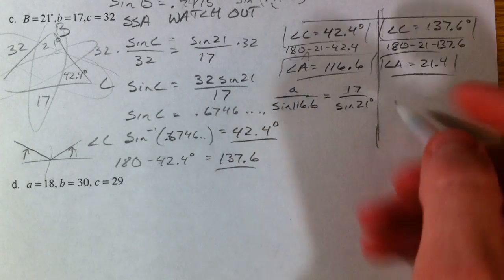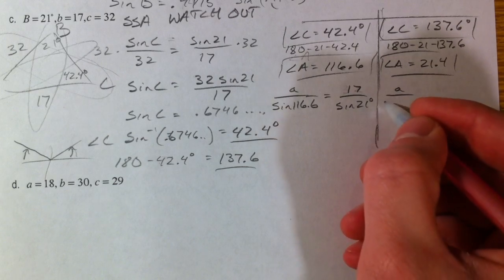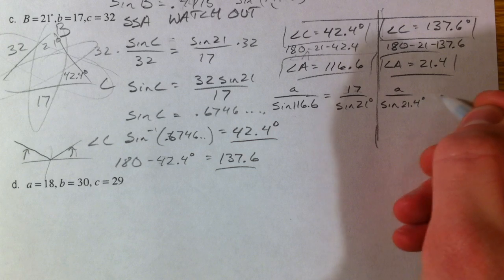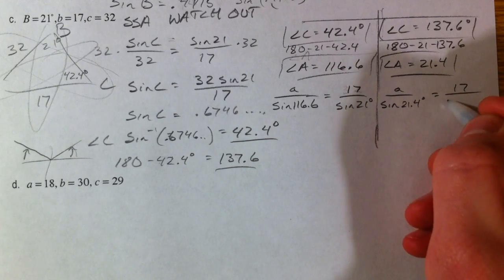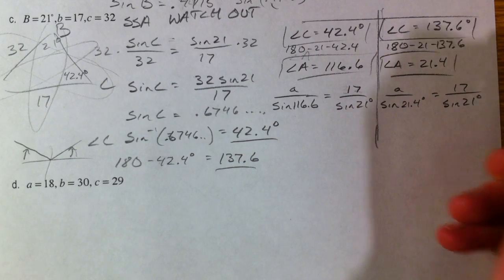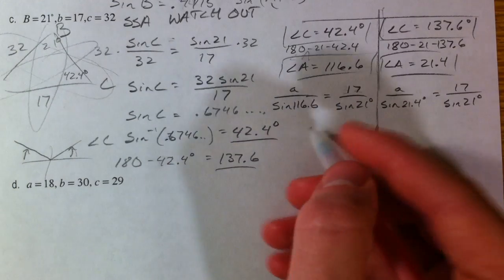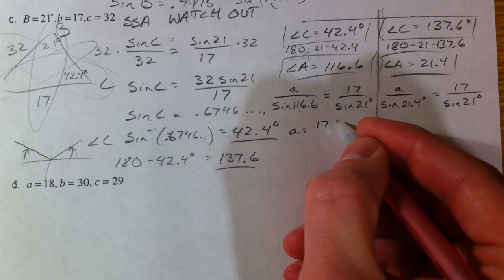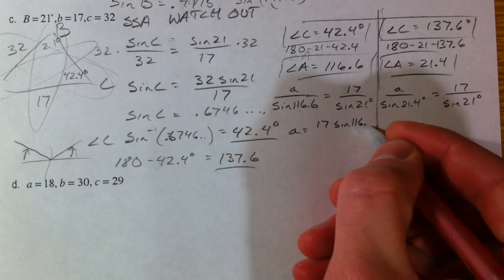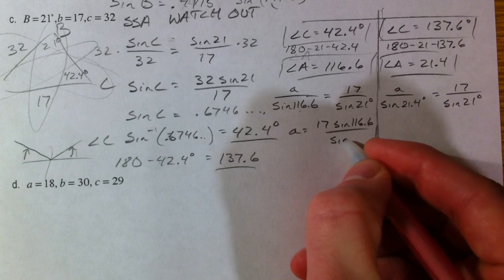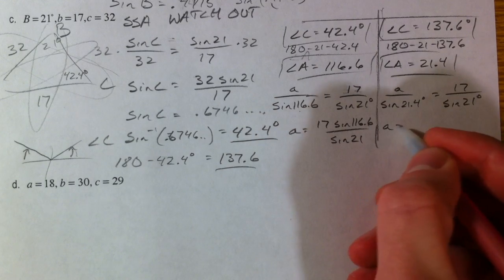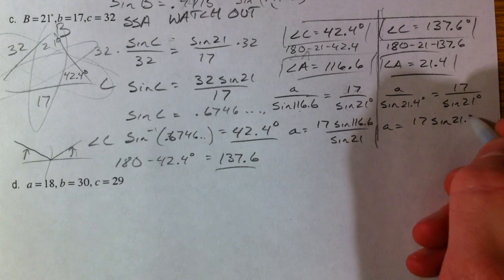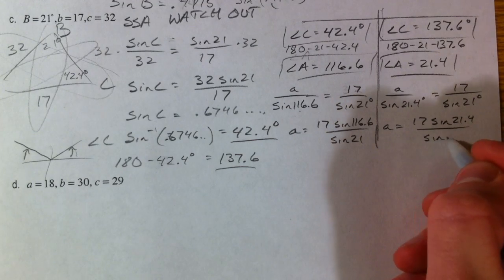We'll solve that one, and then do it in the same way with our other angle A, 21.4. 17 over the sine of 21. So A, if you multiply the sine over, is 17 times the sine of 116.6 over the sine of 21.